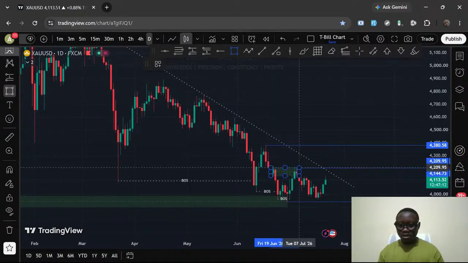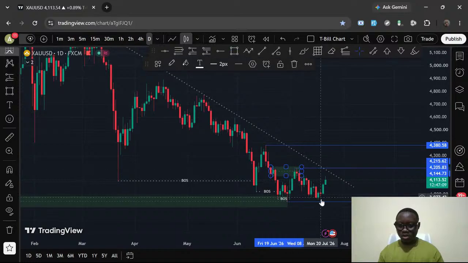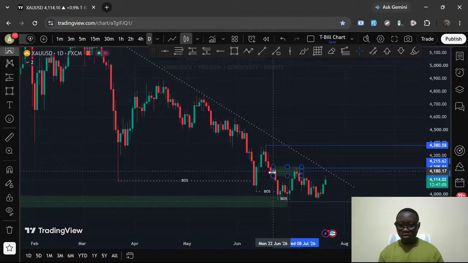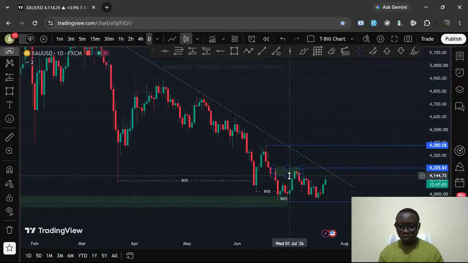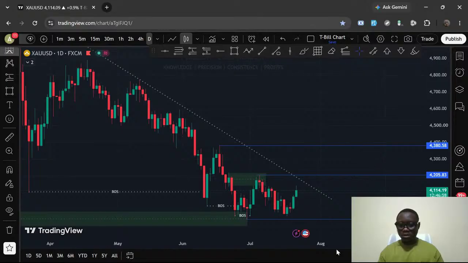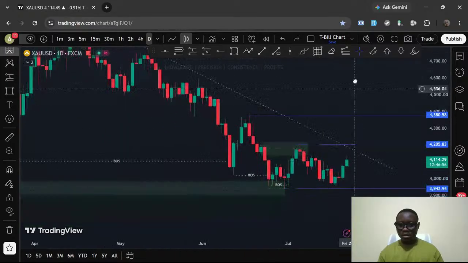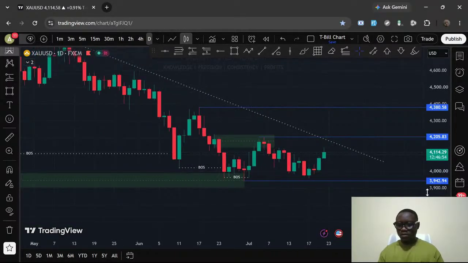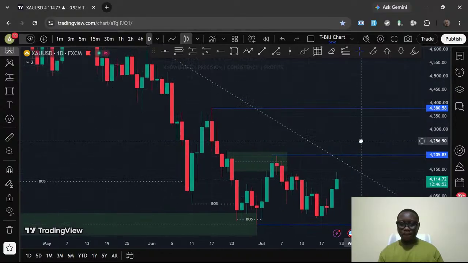Let's mark the zone that led to this bearish move to the downside, which is this order block right here. Let me zoom in. Great.